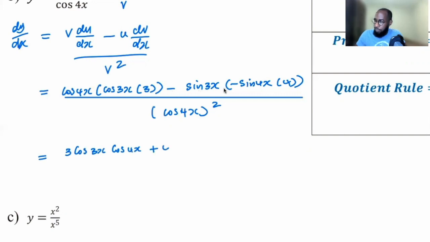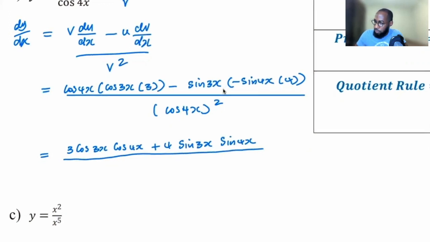Put my 4 first: sine 3x sine 4x, and all that is over cos squared 4x.